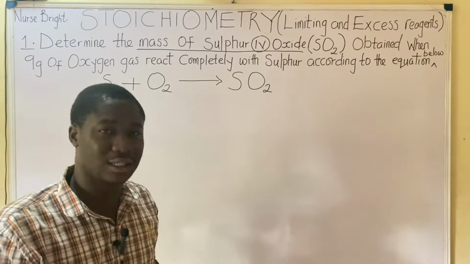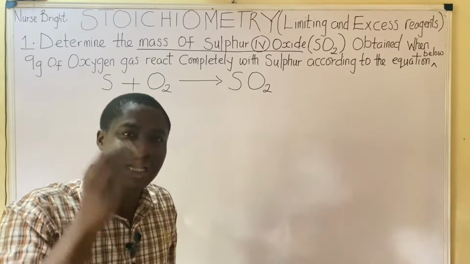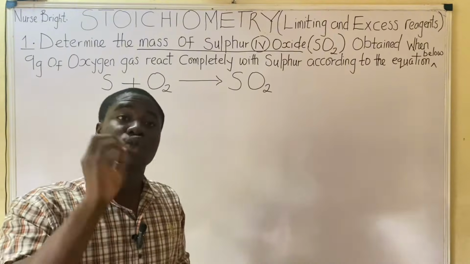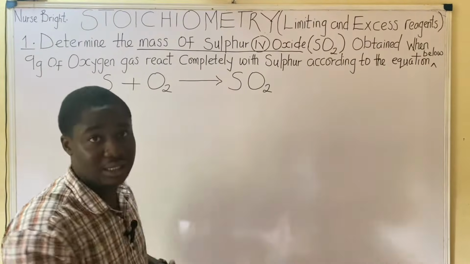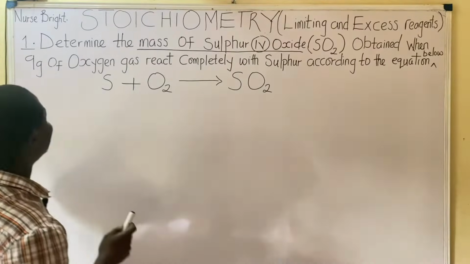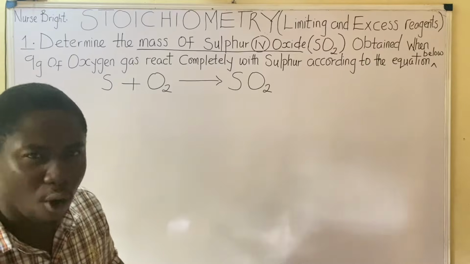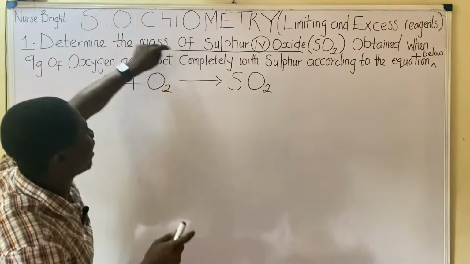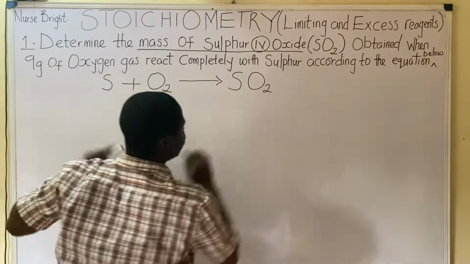This particular practice question is very easy. I'm going to explain in a very easy to understand pattern so you can understand this aspect of chemistry. First of all, they are asking us to determine the mass of sulfur 4 oxide, the mass of SO2. So we are looking for the mass of SO2.